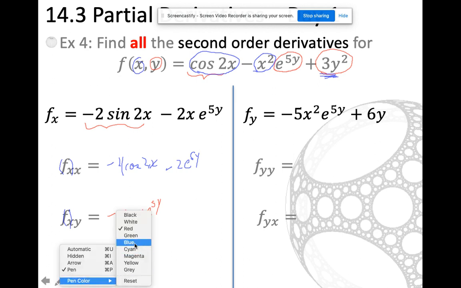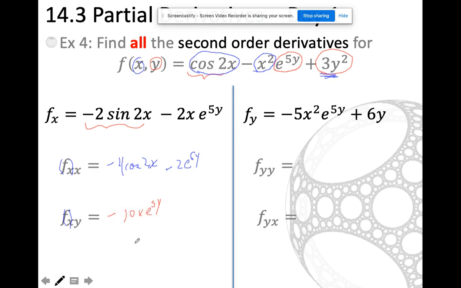So that's half of the problem. Let's go back. And given the partial of f with respect to y, do you see where I got that from? Hopefully. We already talked about that. So now I need to take that partial y and take the derivative with respect to y. Then I need to take that same partial y and take the derivative with respect to x.